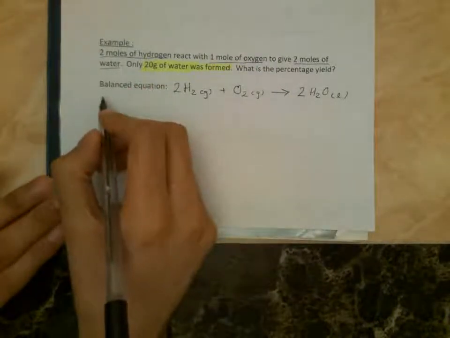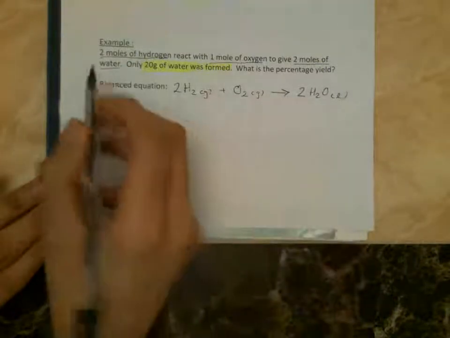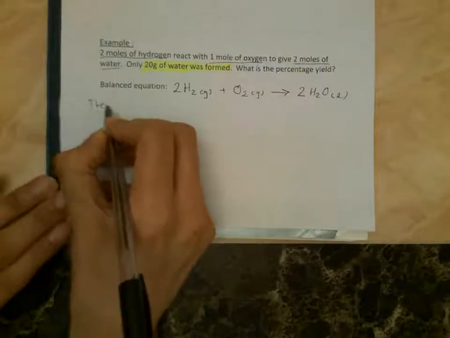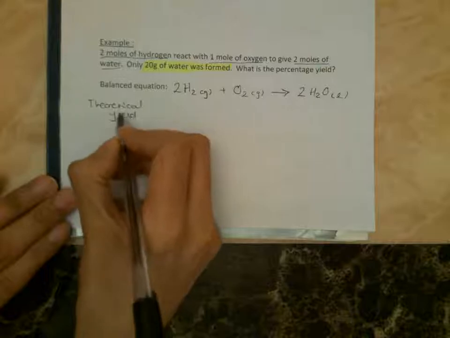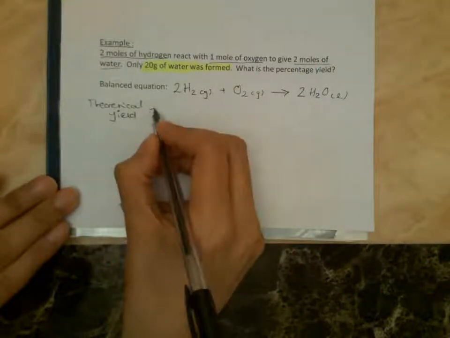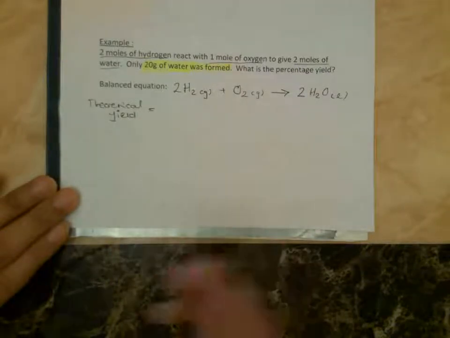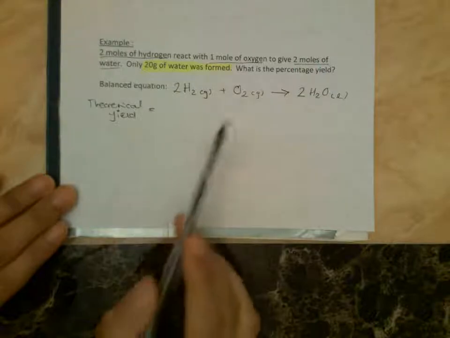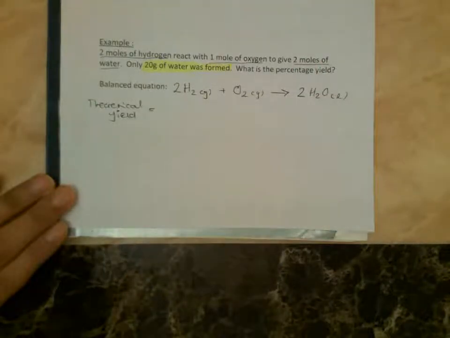Now, the theoretical, aka the maximum amount that we could produce of water in this reaction, would be termed the theoretical yield. You can call it theoretical yield or theoretical amount. The more scientific way is yield, but for the purpose of understanding, theoretical amount and actual amount are better to use because they help you avoid confusion.